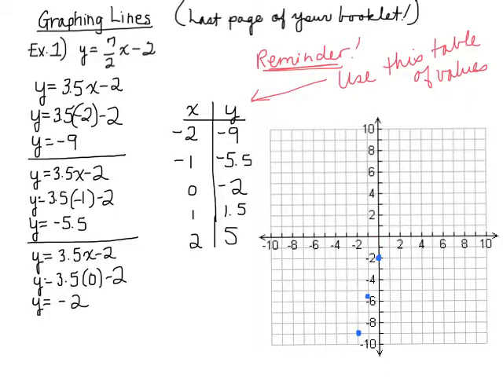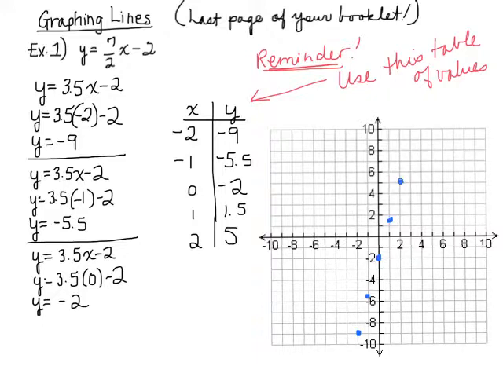Our next set of coordinates, 1 and 1.5, so here's 1, and then 1.5, so we're going to be about here on our graph. And then our last coordinate, 2 and 5, so we do the 2 first, and then we go up 5, and post that on our graph.